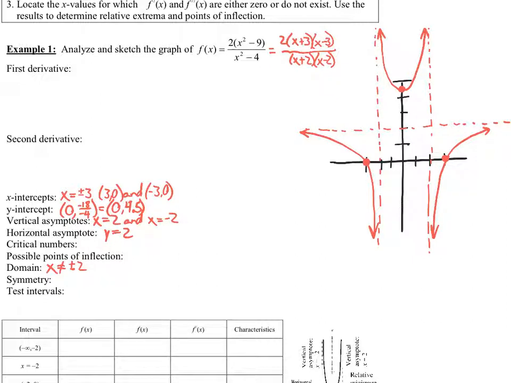For the first derivative, what are we going to have to use here? Quotient rule. So let's go ahead and do that. F prime. You guys can try this on your own, I'll just work through it quietly.